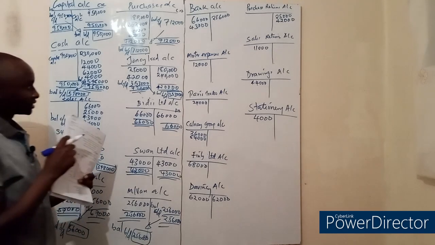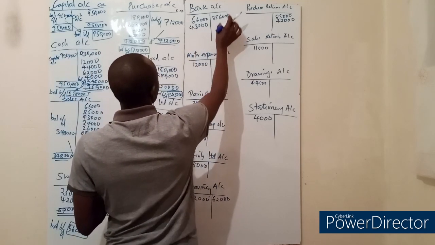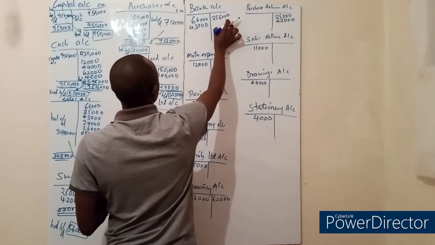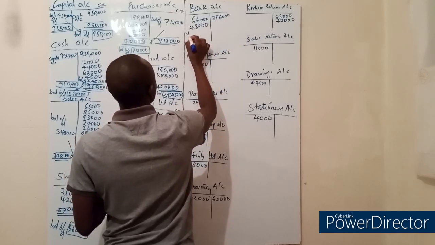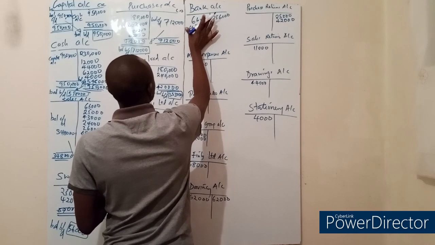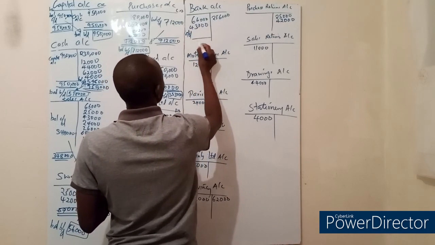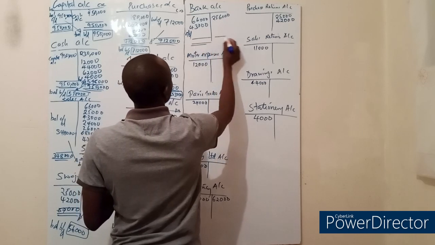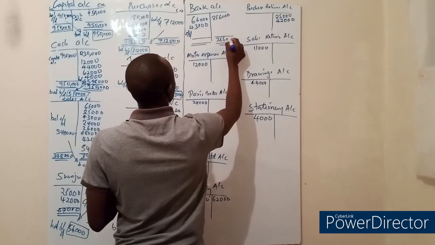Our bank account, which side is more than the other one? The credit side is more than the debit. So I expect the balance carried down here, this 256,000.